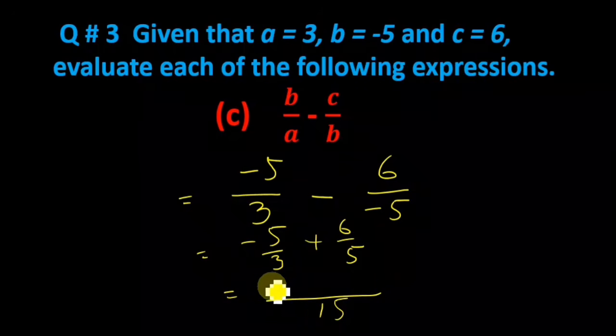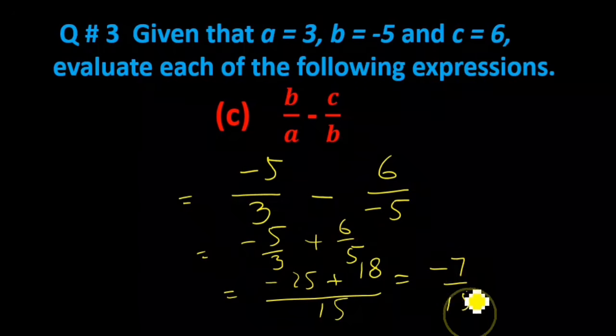So you have the denominators 5 and 3. So what will be the LCM? The LCM is 15. So 3 5s are 15 and 5 5s are 25. That is minus 25 plus 6 3s are 18. So minus 25 plus 18, by the rules of integers we will get minus 7. So minus 7 over 15 is your answer.